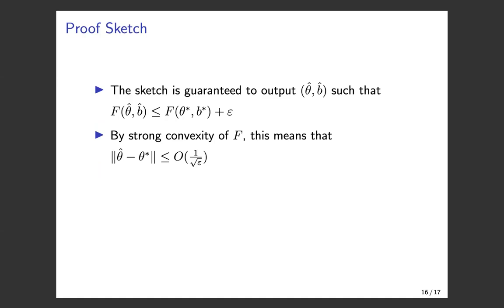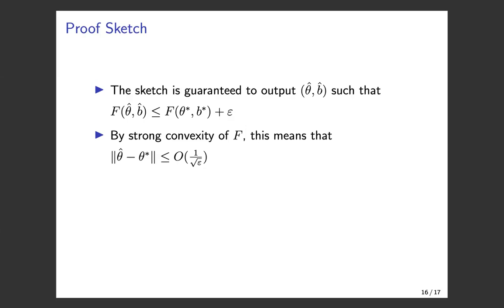Okay, and it turns out that one standard property of strong convexity is the following. If we know that this first inequality holds, then we also have the second inequality, namely that the difference between θ hat and θ star, whatever θ star is, is going to be at most something like 1/√epsilon. Again, I'm ignoring this lambda parameter, but you can put that in, of course.